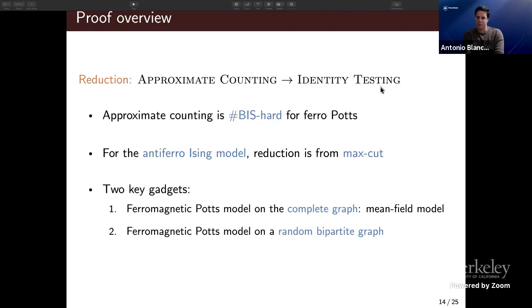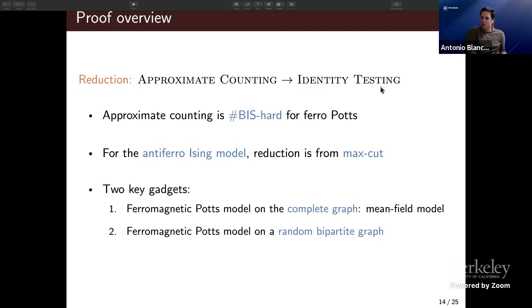But if you look at the ferromagnetic Potts model, the ground states are completely trivial. The ground state is just the monochromatic configuration, which gives you the highest probability. So you don't have this hard optimization problem in the background that you can use in the reduction. That's why for the Potts model, we need to start from scratch, and we prove the reduction from approximate counting.